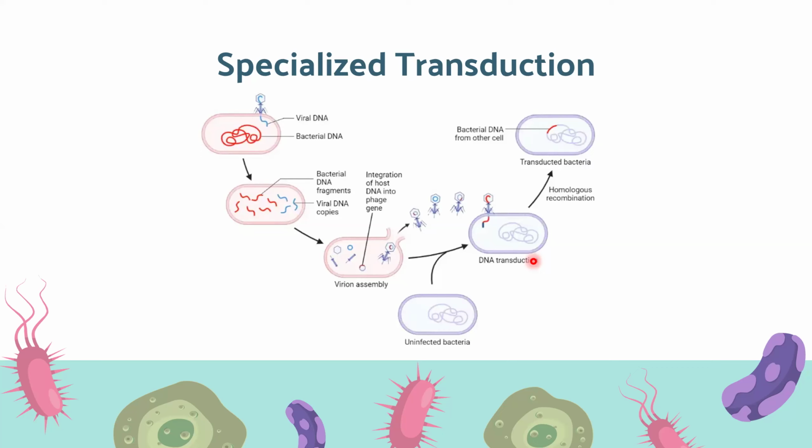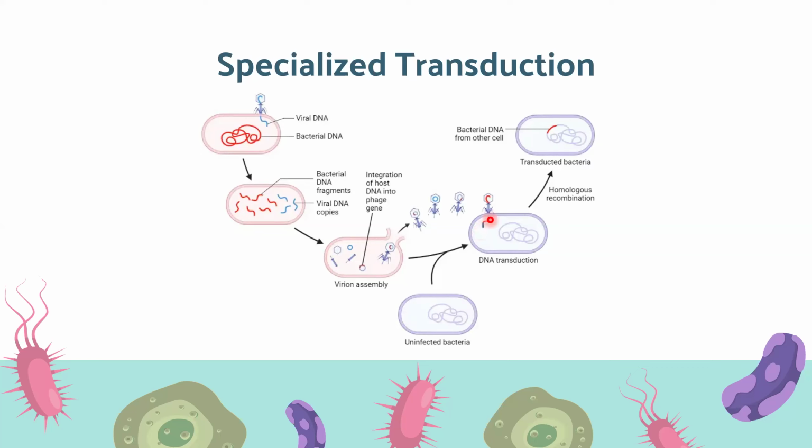It's then going to release itself and go to an uninfected bacterium, and inject itself there. Now it's not only injecting viral DNA, but also bacterial DNA. This bacterial DNA might have very unique features that give this transduced bacterium very important features.